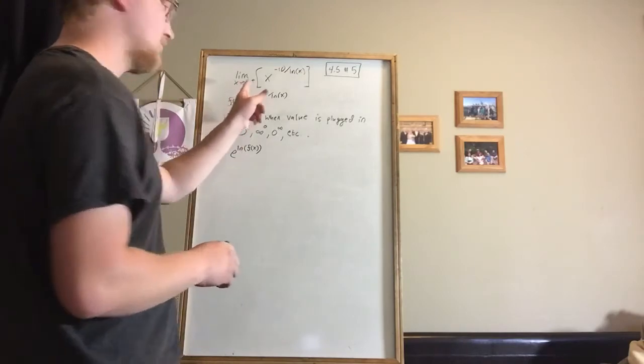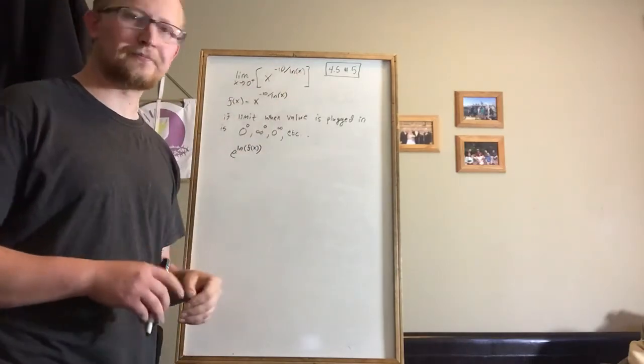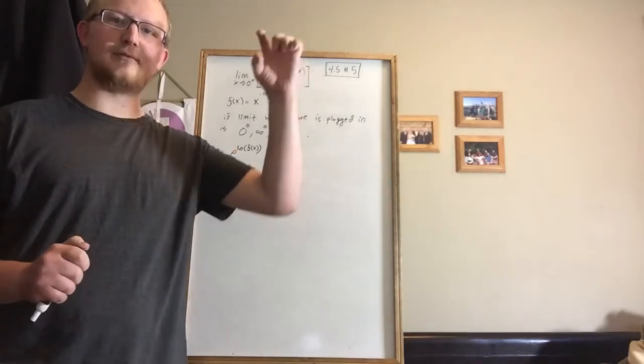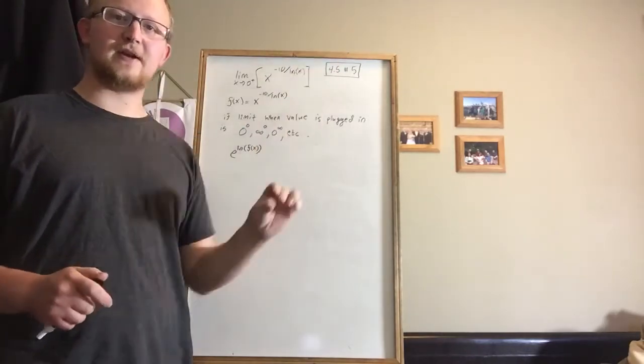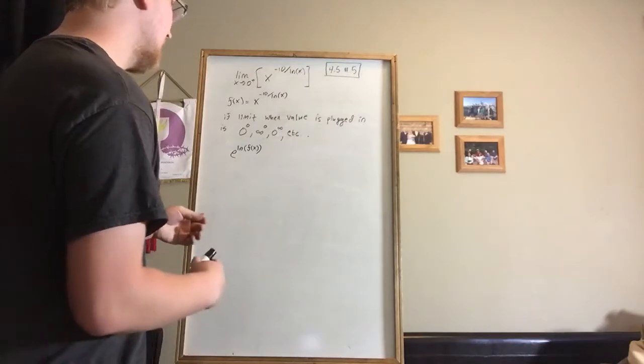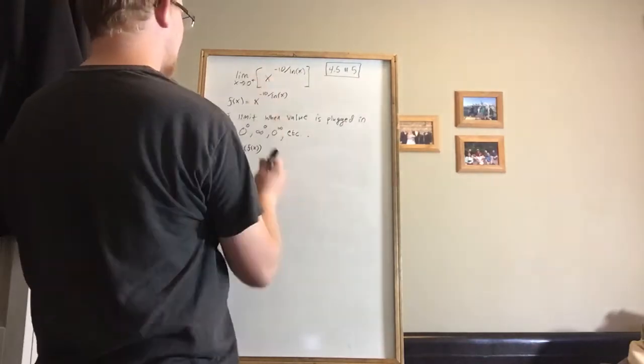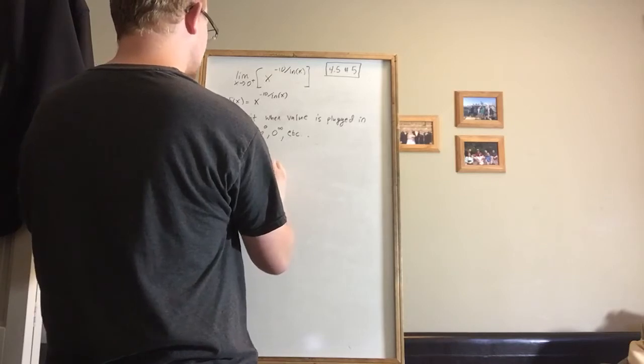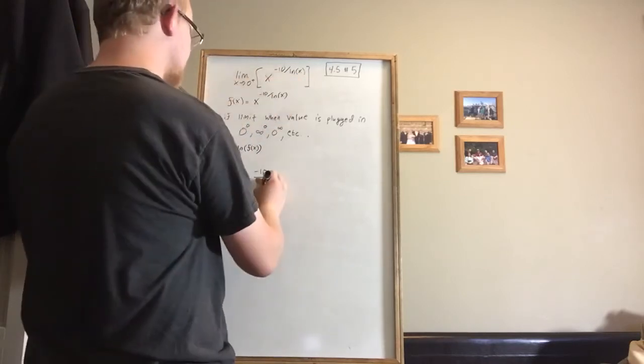So first we'll start by plugging in the number, because remember L'Hopital is only valid if we end up with 0 over 0 or infinity over infinity for a fraction. In this case, when we plug in x equals 0, we end up with 0 to the power of minus 10 over ln of 0 is 1.